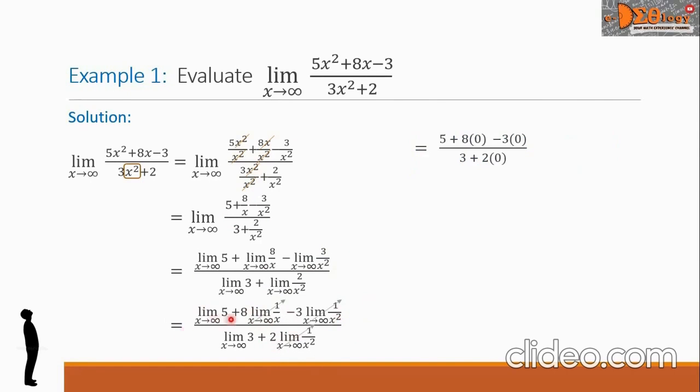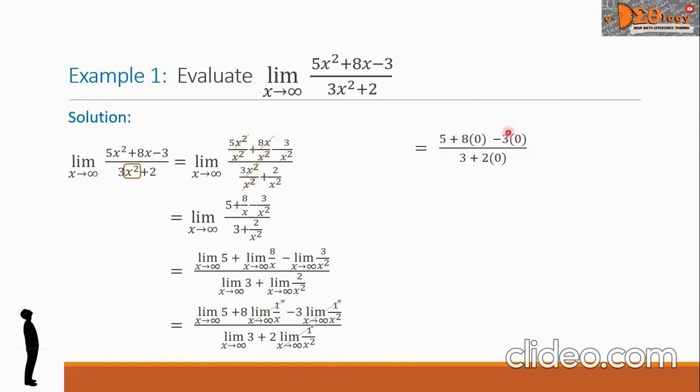So the limit of 5 as x approaches infinity is simply 5, plus this one here becomes 8 times 0, minus 3 times 0, all over the limit of the constant 3 as x approaches infinity, which is the constant 3, plus 2 times 0.